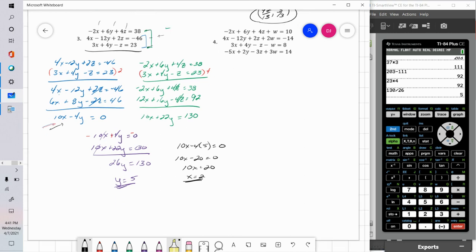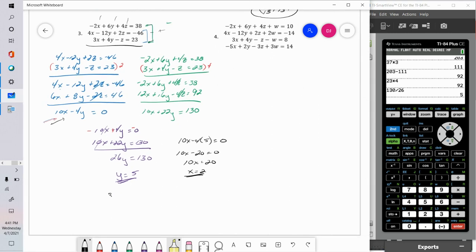So that third equation is 3x, and remember x is 2, plus 4y, and y is 5, minus z equals 23. 3 times 2 is 6, 4 times 5 is 20, minus z equals 23.